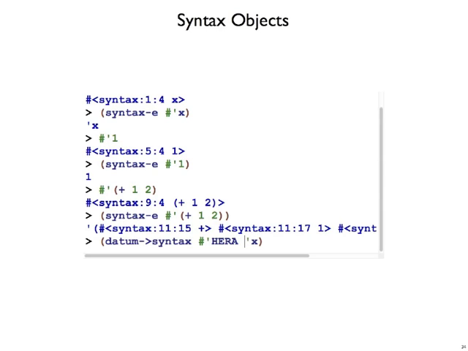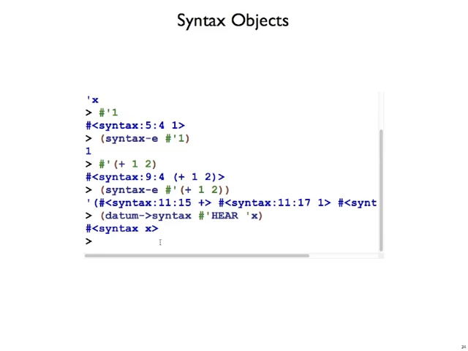So datum->syntax actually takes an extra argument. First, it takes a syntax object, and that syntax object's information is going to be transferred to the x, at least the lexical part. It turns out that the source location wasn't carried over, and we'll talk more about that later. But you can see there's an x inside there wrapped now as a syntax object.